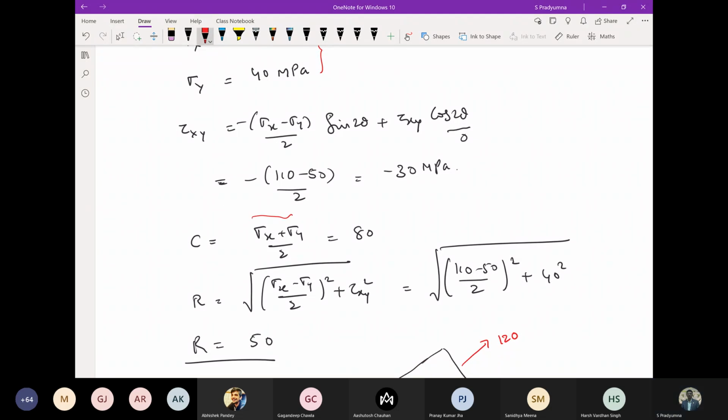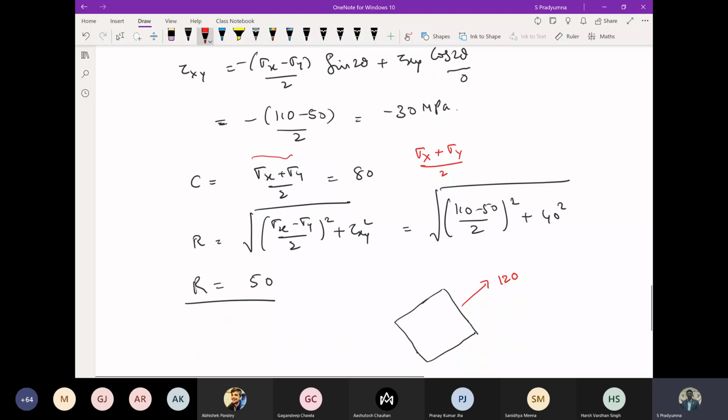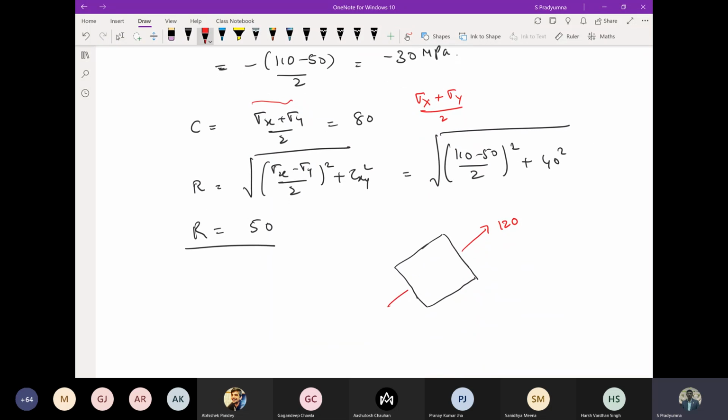I can also choose sigma capital X plus sigma capital Y by 2 and get the same thing. So this is 120, this value is 40, and the shear stress is minus 30. This is the way the element looks, at 45 degrees.